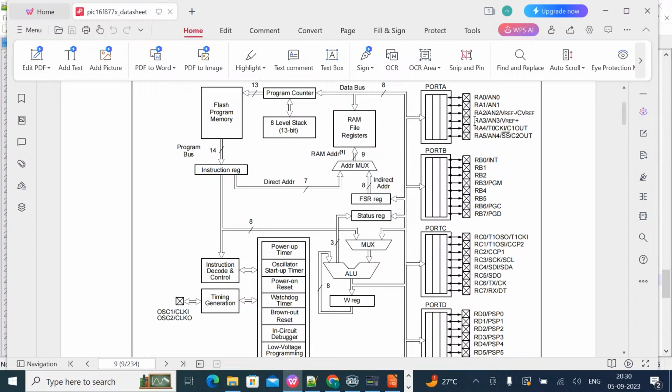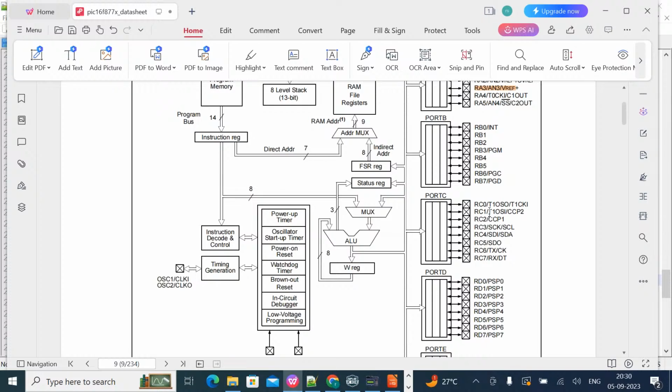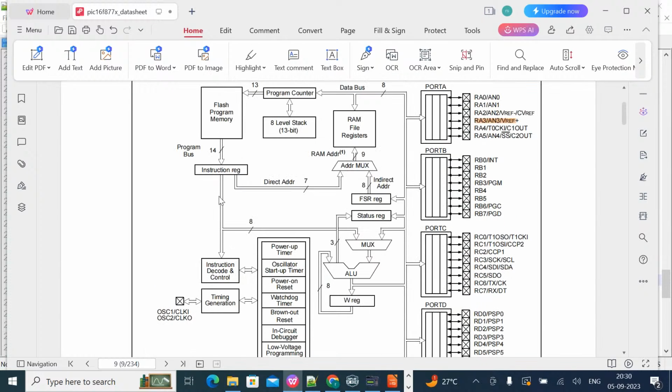For example, this RA3 pin is connected to ADC channel 3, or it is connected to the VREF plus. That's why you can see multiple names here. Don't get confused, it is just multiple names because of multifunctionality. The same applies to the rest of the pins also, right?